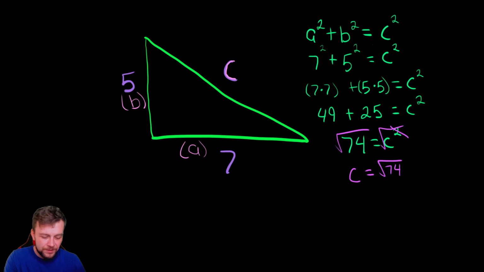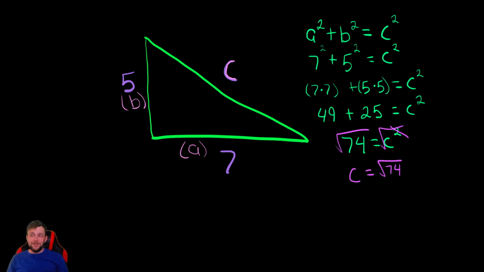Let's see. Factors of 74. Yes, just 2 and 37. And so that means that we're done. Square root of 74, we can leave it as that. That is our answer. And when you put that into the calculator, what is the square root of 74? What times what equals 74?